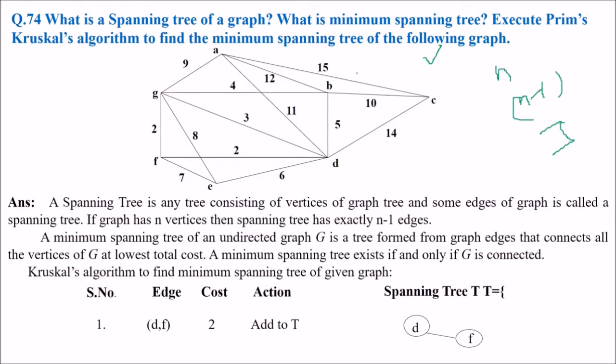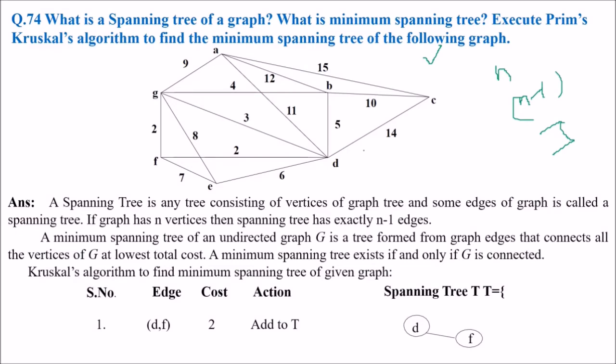Now the important part is the spanning tree should cover all the vertices, but because it is a tree, we will not allow cycles. A minimum spanning tree is a type of spanning tree, and this can only be done for an undirected graph.